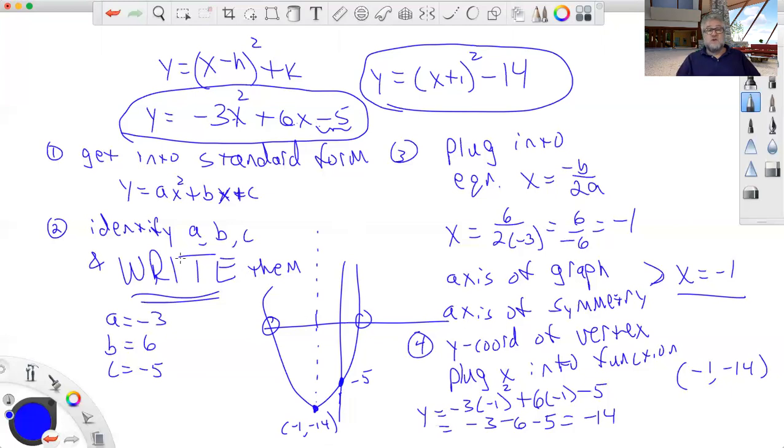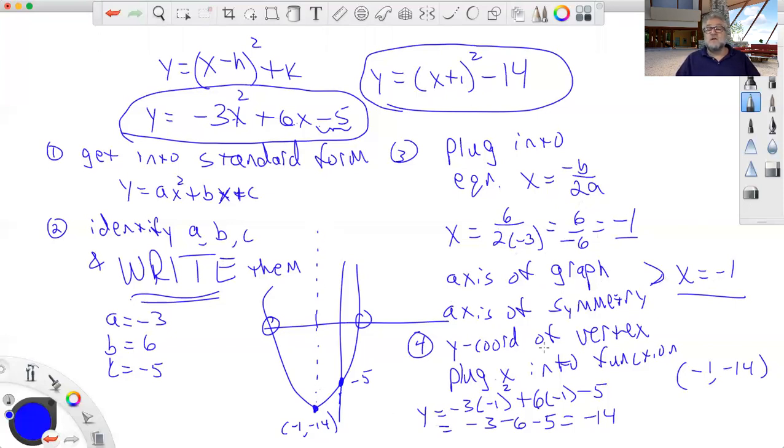So follow these steps. Get into standard form. Write down A, B, and C. Write them down. It'll make you cool if you write them down. How's that? There you go. Step 3, plug them into the equation, x equals -b over 2a. So we plug them in and we find the x-coordinate, and that's going to be the axis of the graph, the axis of symmetry.